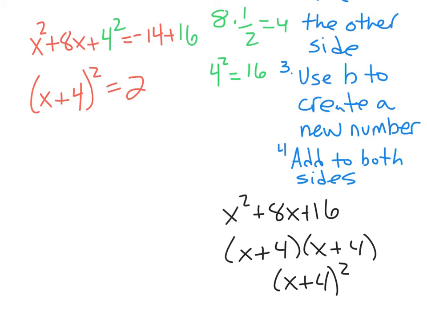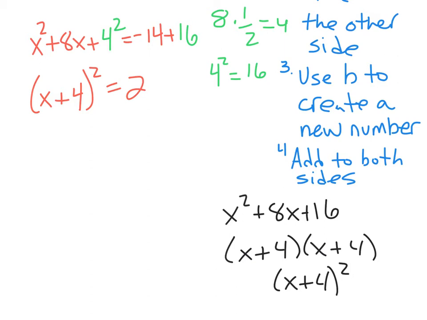Because, I mean, if we foiled this, and then we separated them because it's squared, and then FOILed it, we'd get this, right? So that's why it's not squared, because it got factored. Is that okay? I know it's weird, but just give it a second. So now we're going to take the square root of both sides.